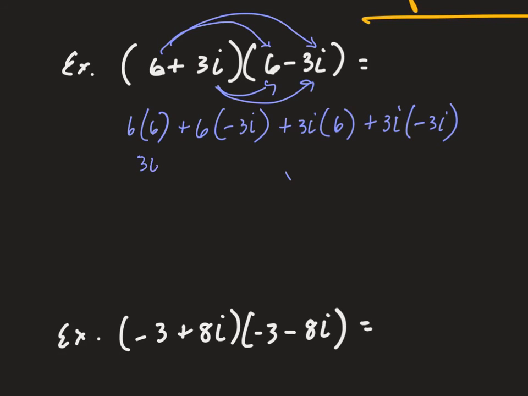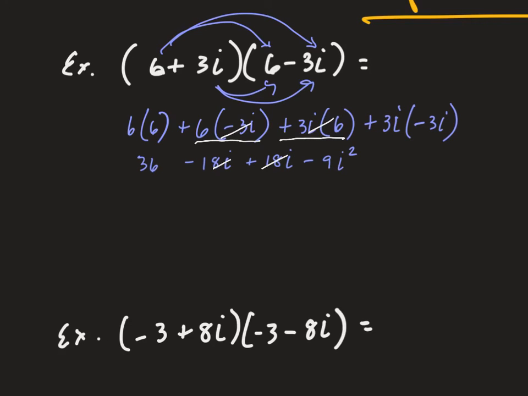All right, so when I do that, let's go ahead and simplify. I have 36 minus 18i plus 18i minus 9i squared. If you notice, you may not have needed to go this far on this problem, but right here we had negative 18i and positive 18i, so those two things cancel out.